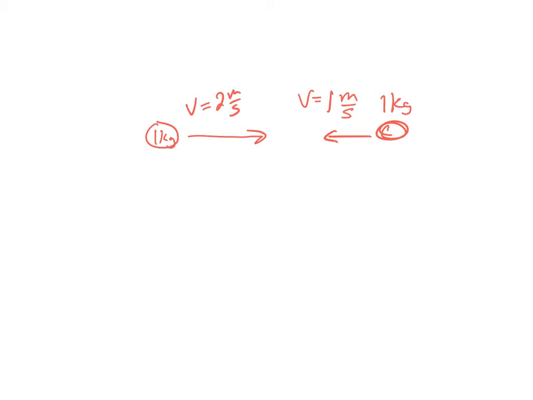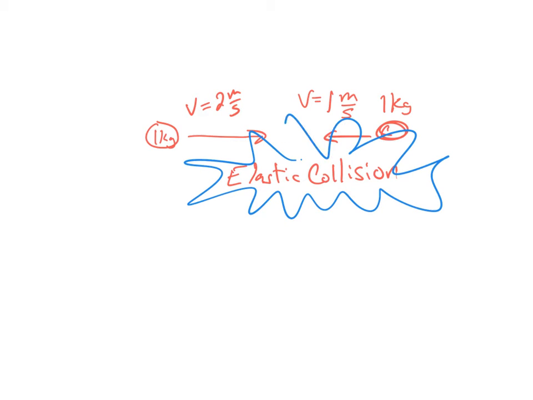After they collide elastically, so let's say elastic collision, that's not an M, right? So an elastic collision, they bounce off of each other, and object 1 travels back in the opposite direction with a velocity of 1 meter per second.